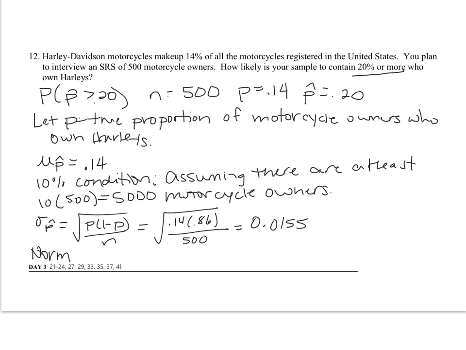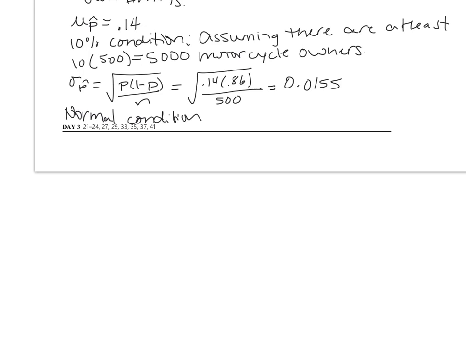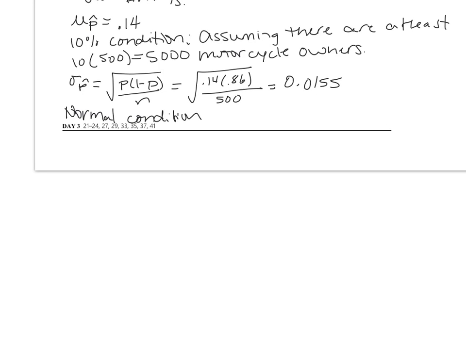Once you get those done, the next step is to check to see if it's normal. So we need the normal condition: n times p is greater than or equal to 10, and n times 1 minus p is greater than or equal to 10. n was 500.